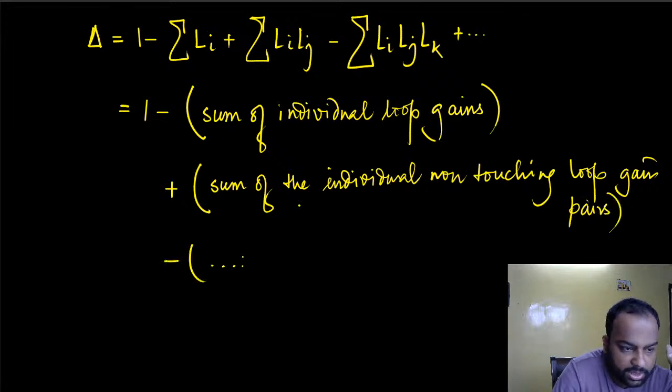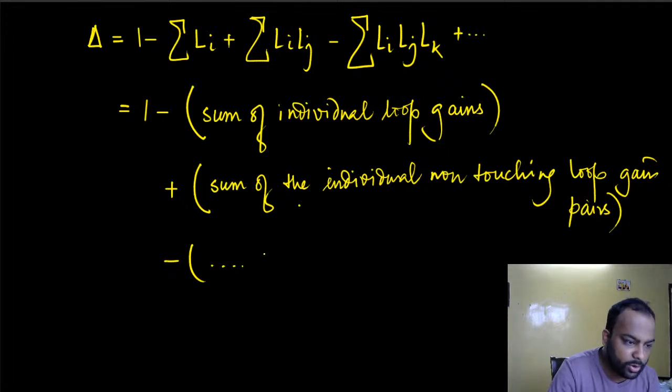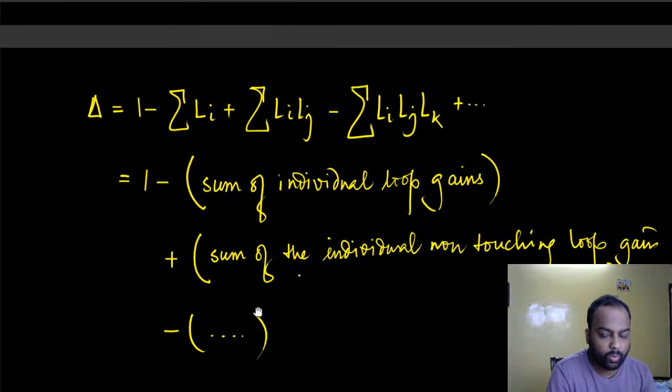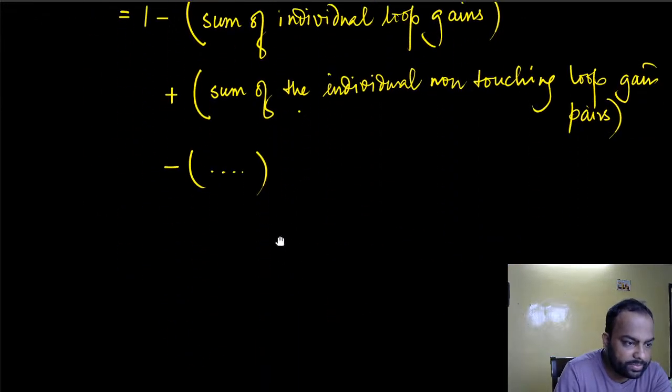Minus pairs, like now triplets. I'm considering. Yes, your question will be answered. What happens if the loops touch each other? We shall see that.